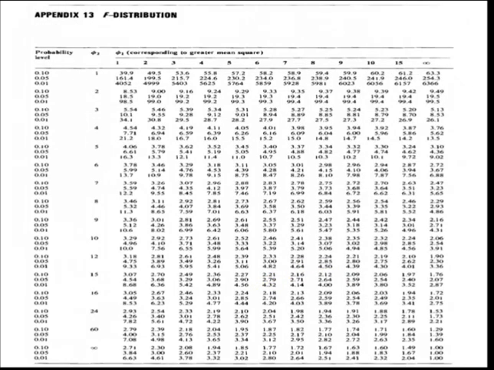See here, 5 number of readings are written here and 4 number of readings are written here. Come from 4, as 2 values are given in our problem. There are 4 degrees of freedom and 5 degrees of freedom, and we have to find out the probability value of F at 5%.